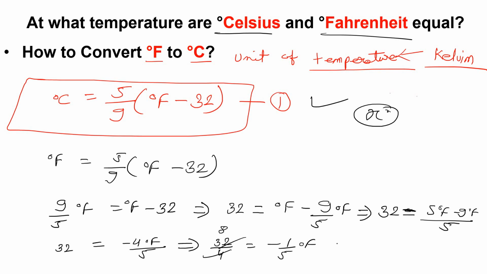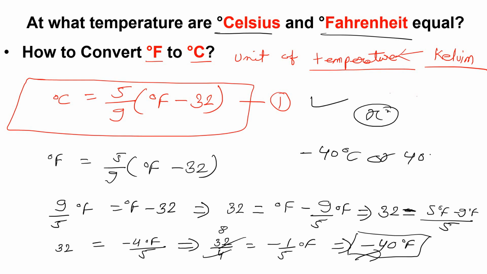Again cross multiply, and you will find the answer: F is minus 40 degree Fahrenheit. So the value will be minus 40, whether it is degree Celsius or degree Fahrenheit.